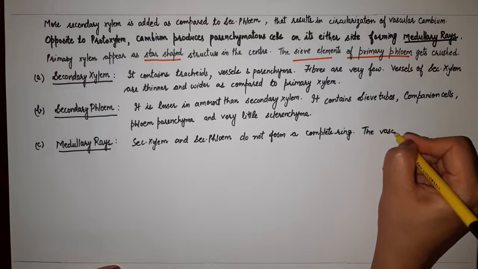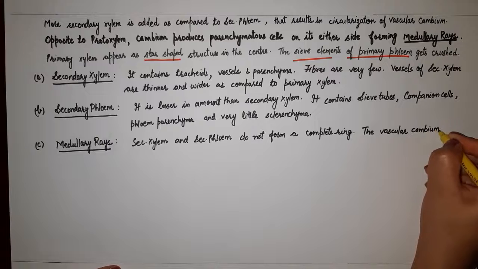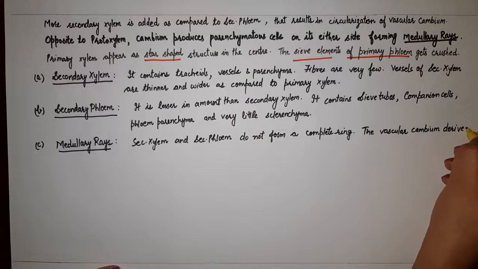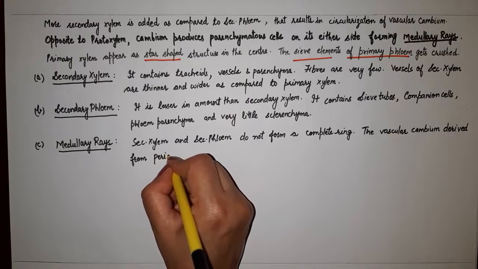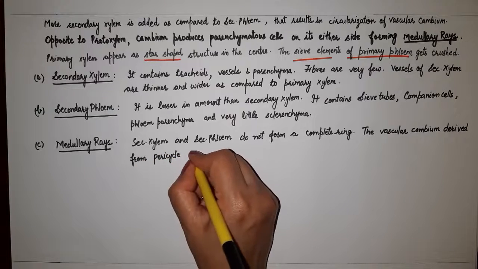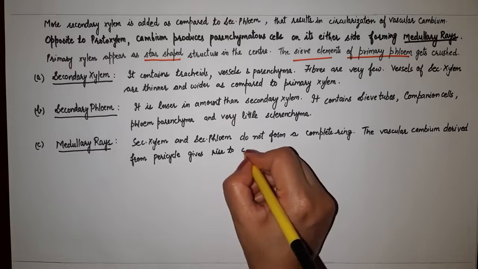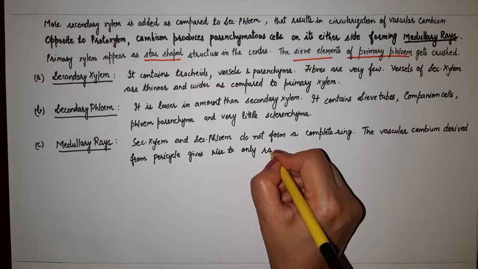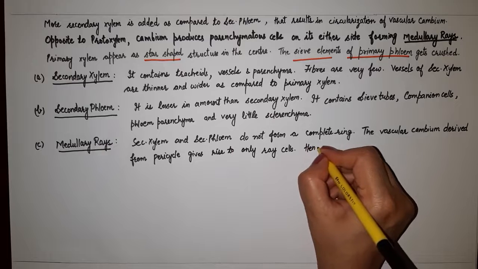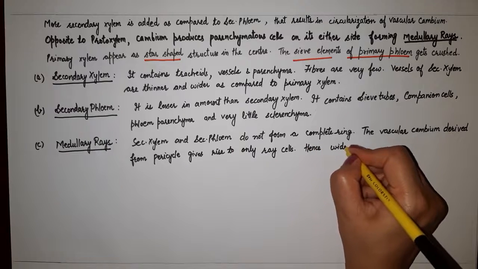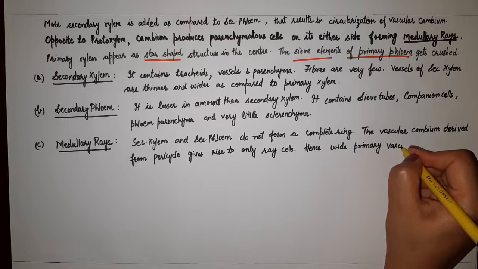The vascular cambium derived from pericycle gives rise to only ray cells. Hence, wide primary vascular rays are formed opposite to protoxylem.